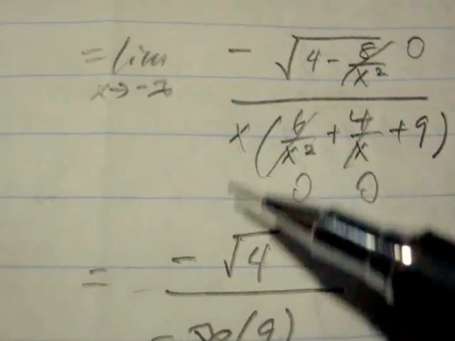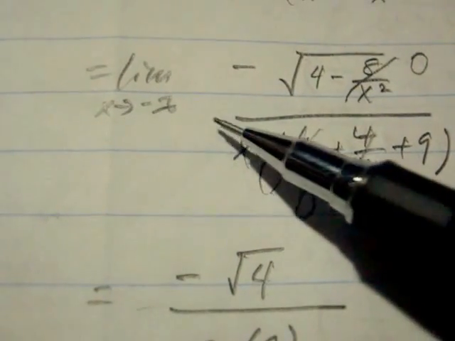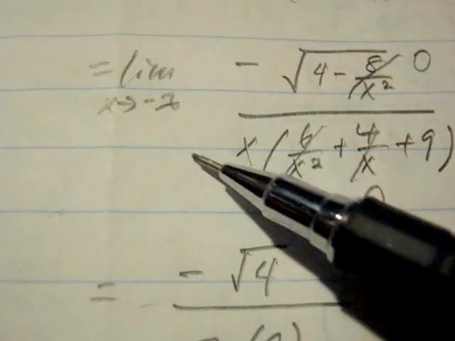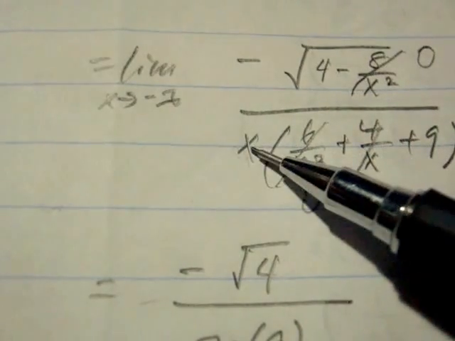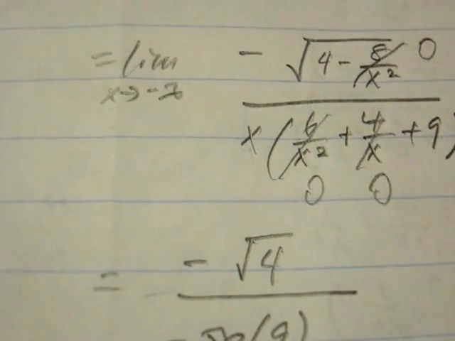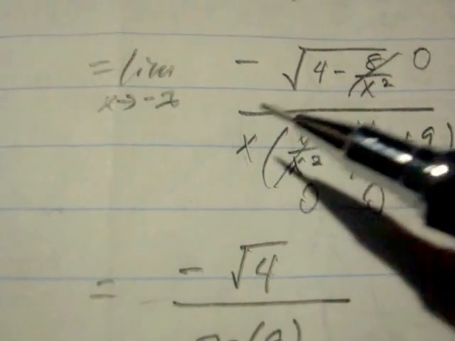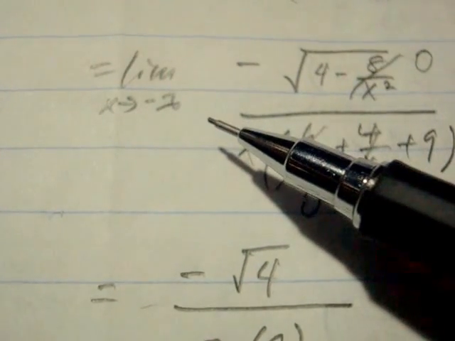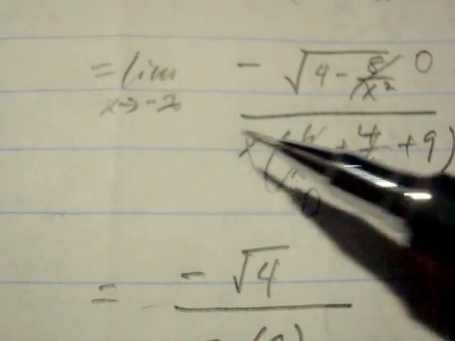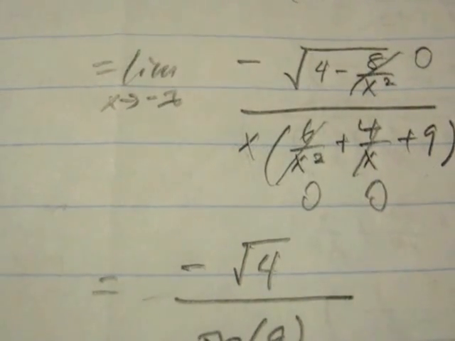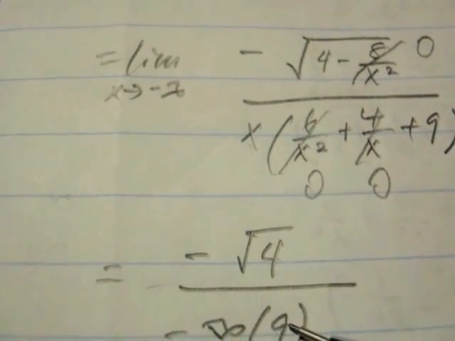As for the denominator, the limit of a variable as x approaches negative infinity will reach negative infinity. And the 9 will be 9, because the limit of any constant number will be that particular number.